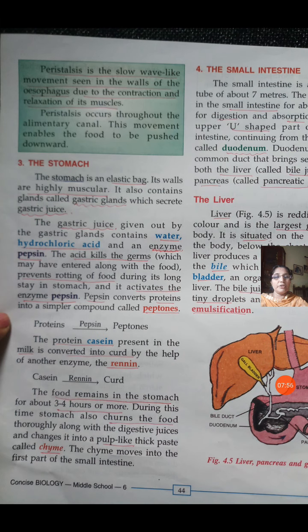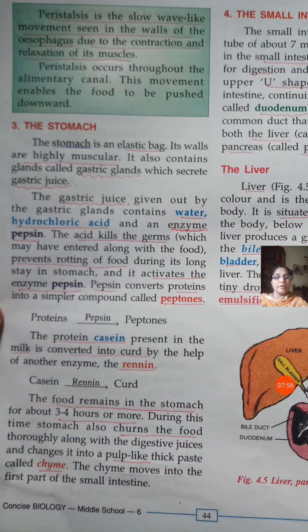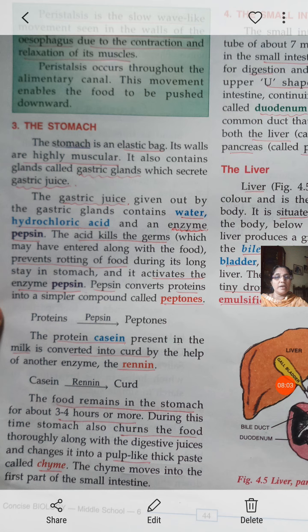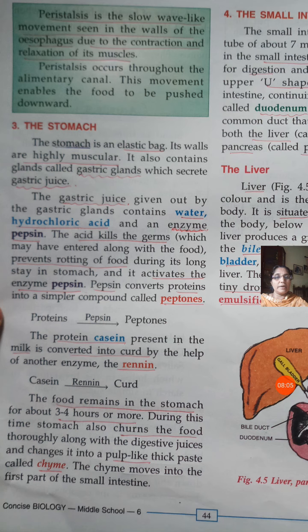Then we know that another enzyme is known as renin. Usually renin is present only up to the age of 12, or in the childhood days only. The renin is present inside the body. It helps the protein casein present in milk to be converted into a curd-like substance by the enzyme renin.